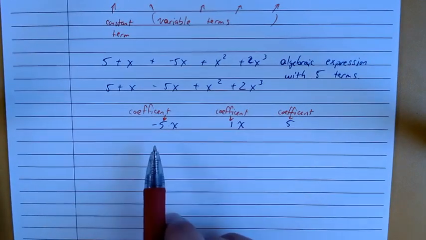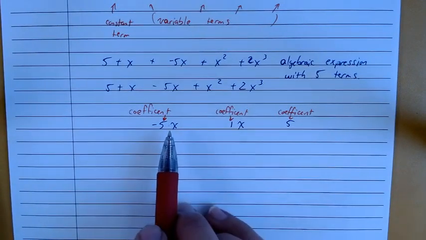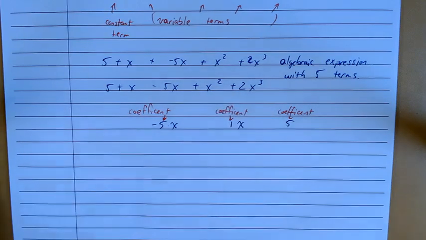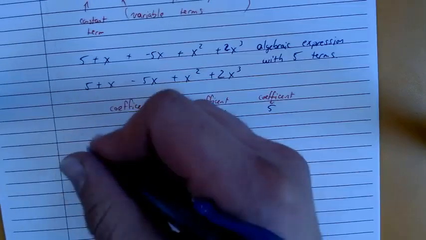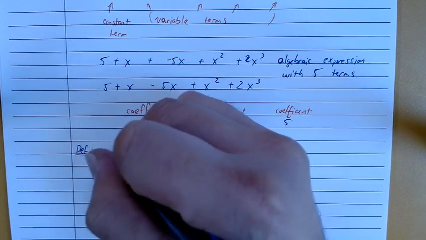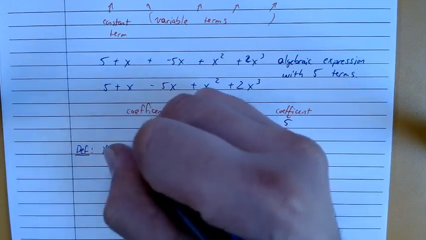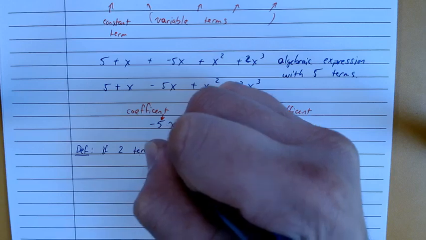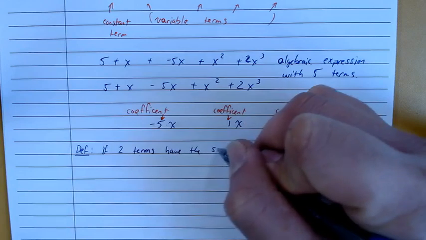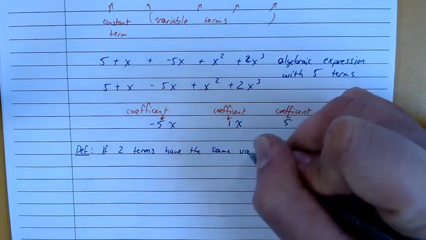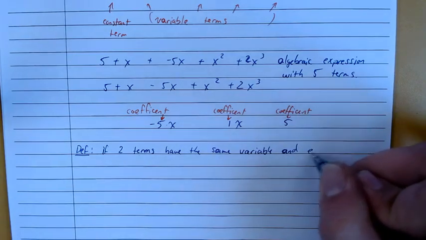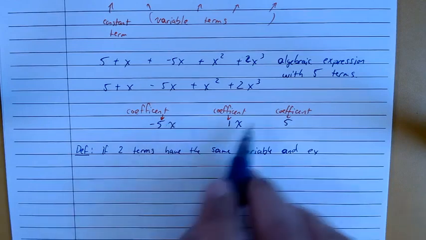Now, whenever you have terms, you will sometimes have terms that differ only by the coefficient. The variable and any exponents are exactly the same. These are called like terms. Definition: if 2 terms have the same variable and exponent, and if they don't have an exponent, that's fine, but they should still be the same.